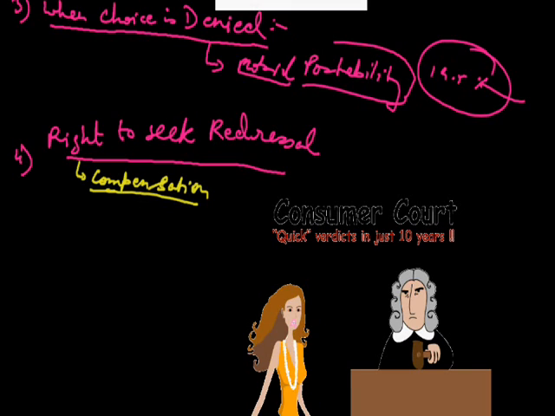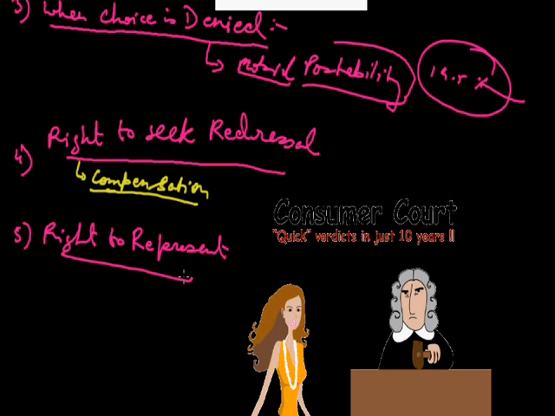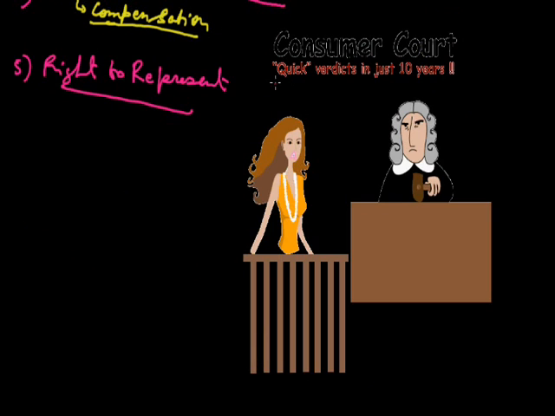And this is called the fifth right, which is the right to represent. It is a right in which the consumer can represent his case in the consumer courts, where he gets a quick verdict within a few days, not 10 years as is written here in this satire.